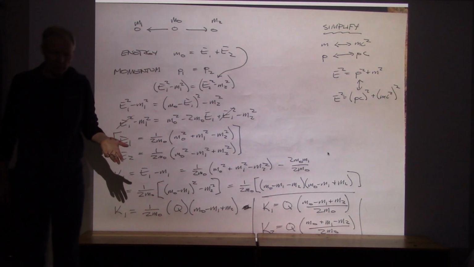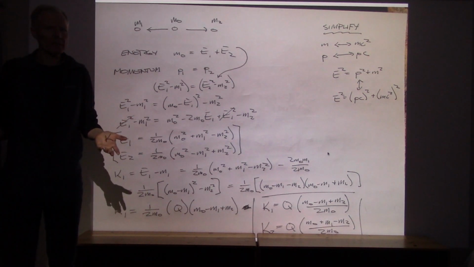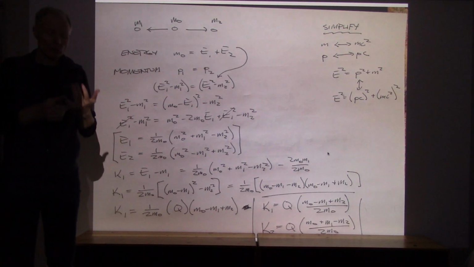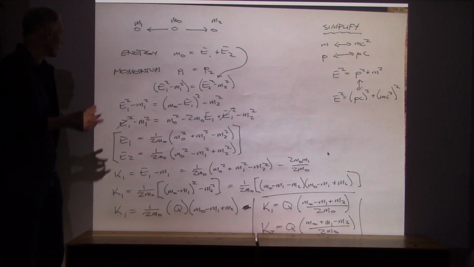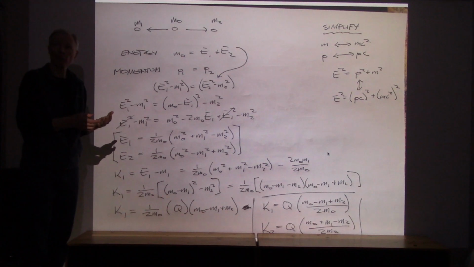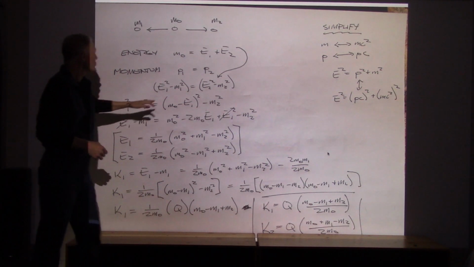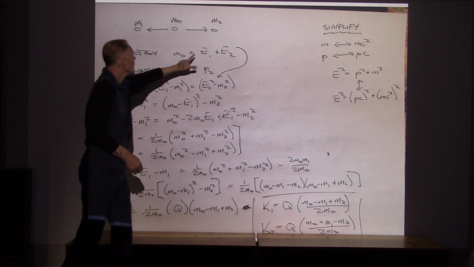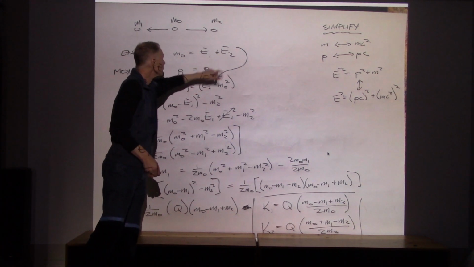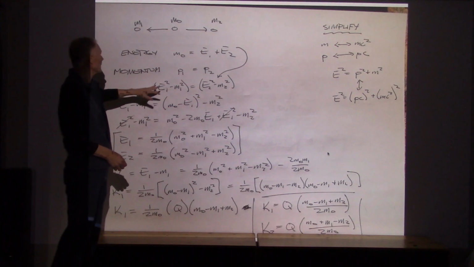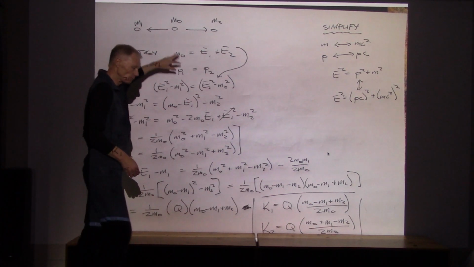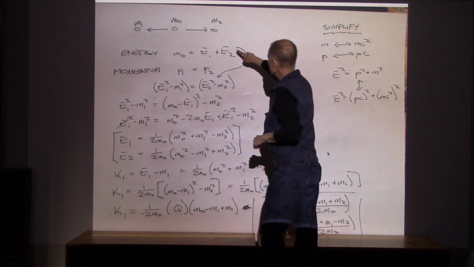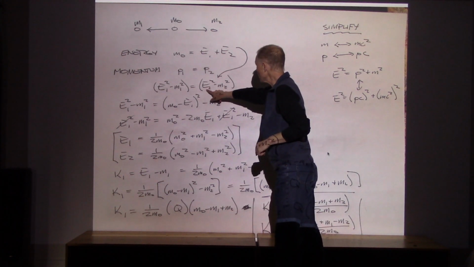The idea in a problem like this is all the masses are going to be given, let's imagine. So they're giving us m naught, they're giving us m1, they're giving us m2. I can look up the masses of the uranium, the thorium, the helium. So the only unknowns are the E1 and the E2. Now what we could do then is take this equation and come up with an expression for E2 right there.